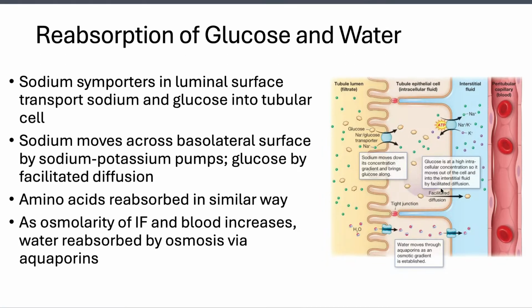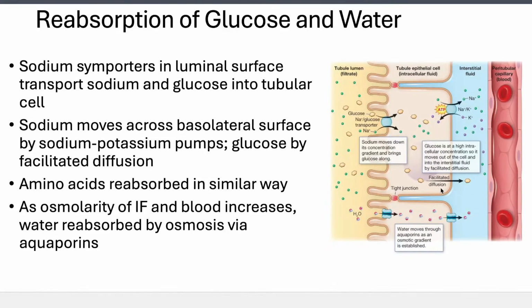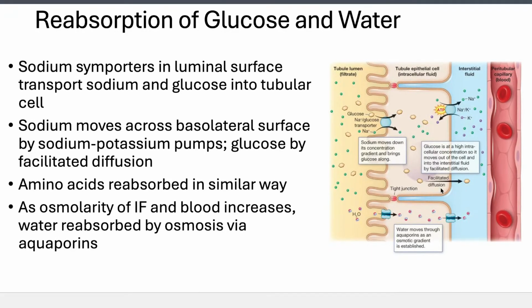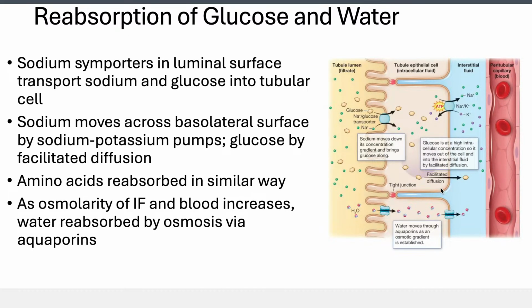So let's get back to the text. Glucose is at a high intracellular concentration, so it moves out of the cell and into the interstitial fluid by facilitated diffusion.